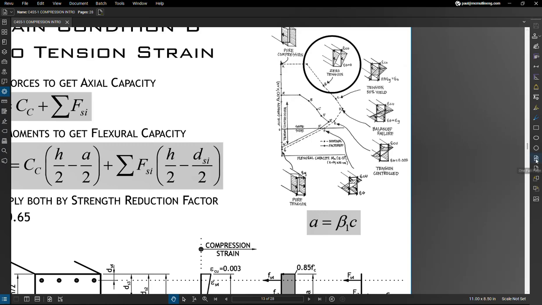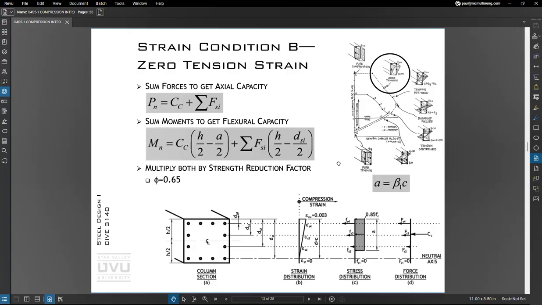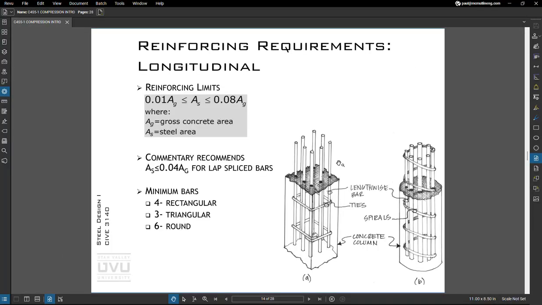All right, because that is burly enough, we're going to stop here and just talk about a few detailing things. On concrete columns, generally we limit the area of the steel in the column to 1%, and the code limits it to 8%, but actually 4% is more considered an upper bound economical limit.